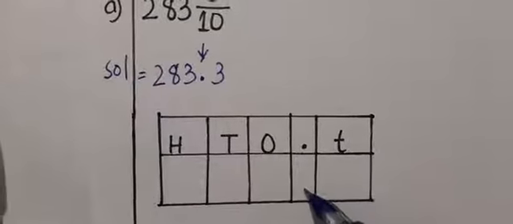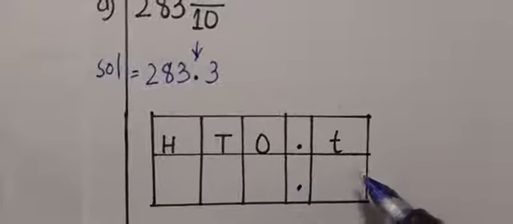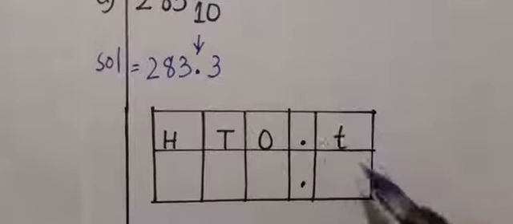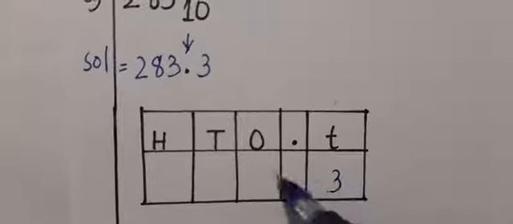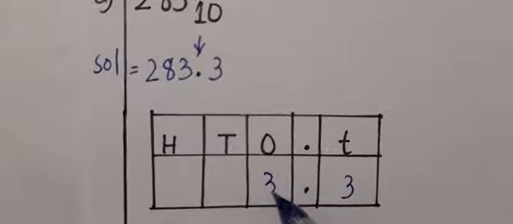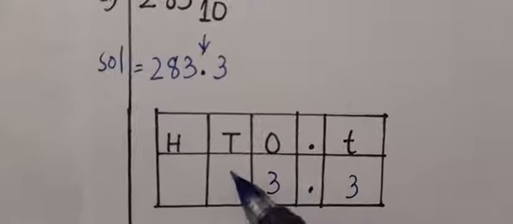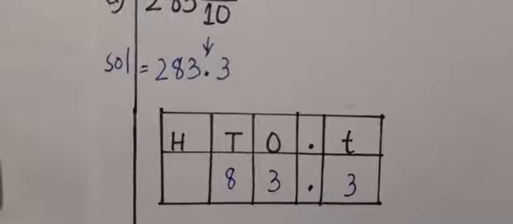So I have to place the decimal point over here, and I will not forget that there is 3 after the decimal point, 3/10. Before the point it is also 3 ones, 8 tens, and 2 hundreds.